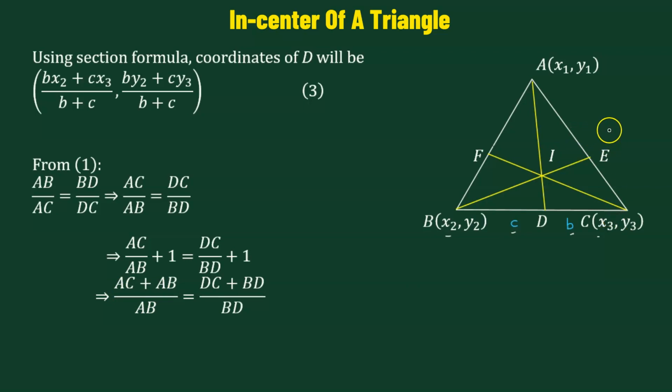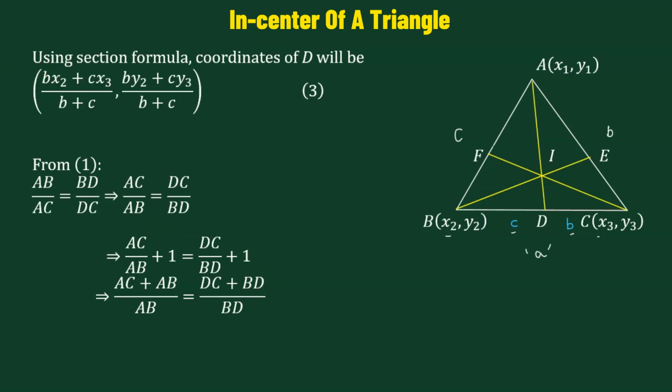AC is the length b, AB has a length of c, and BC has a length of a. We can replace AC with b and AB with c. On the right-hand side in the numerator, we have DC plus BD. Clearly from the figure, if we add DC and BD, that's nothing but the length BC. Since BC is a units, we can replace the numerator of the ratio on the right-hand side with a.